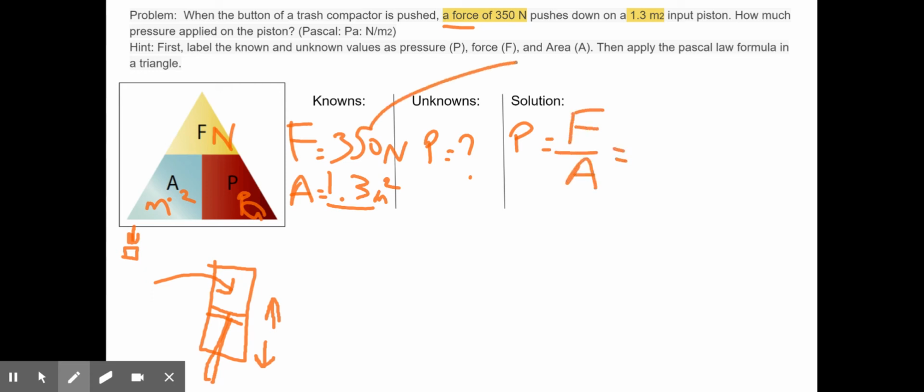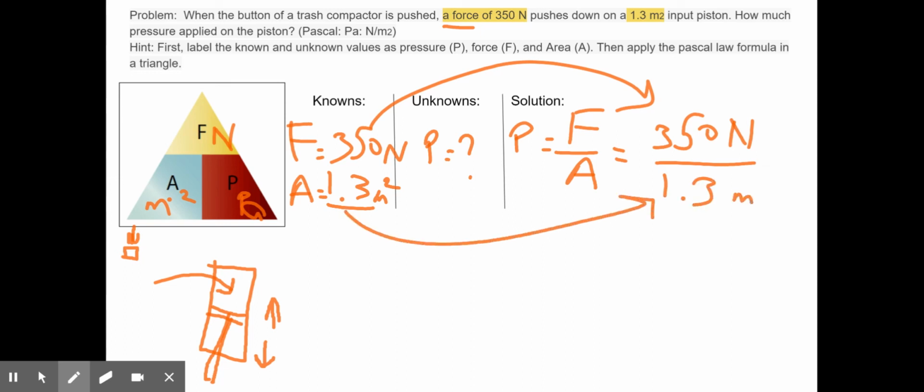We know the force, 350 Newton, and we know the area, 1.3 meters square. What is the pressure now? 350 divided by 1.3 is 269.2, approximately 270 Pascal.